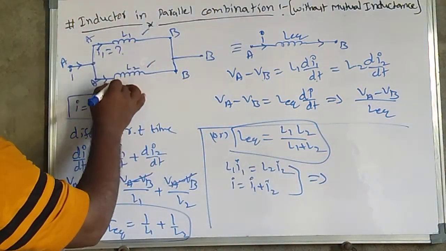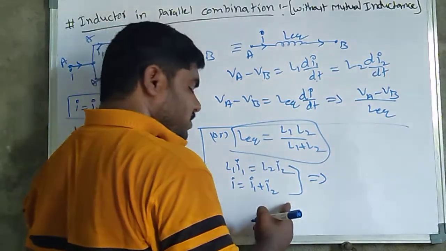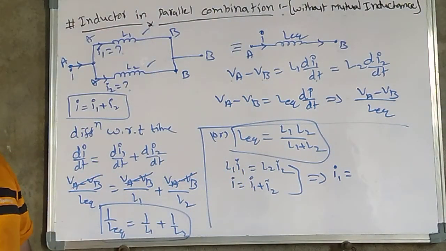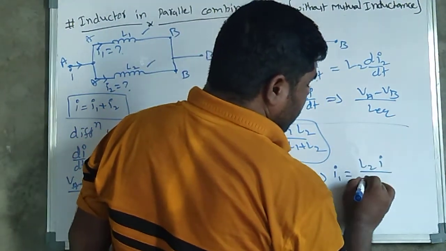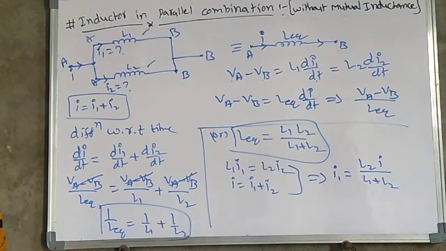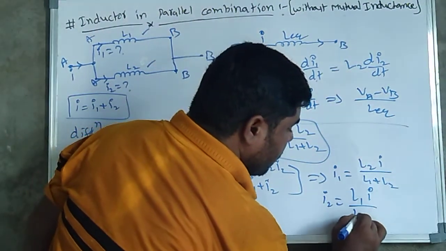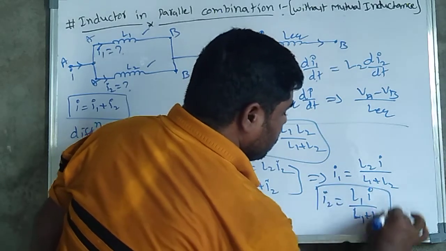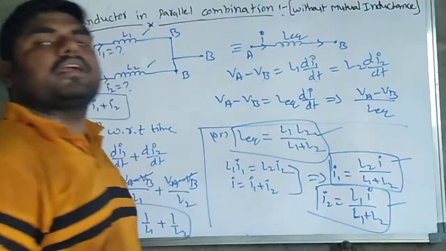I1 is equal to L2 I divided by L1 plus L2, and similarly I2 is equal to L1 I divided by L1 plus L2. This is very important. Based on these three formulas they will ask numerical problems.